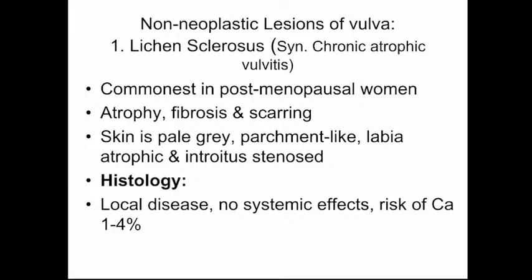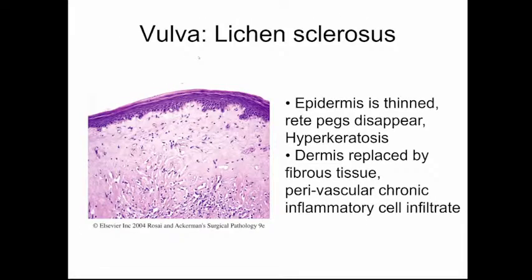Histologically, it's a local disease, so no systemic effects. There is a small risk for carcinoma in this entity. So it's an important clinical lesion because of the small risk, up to 4%, for carcinoma of the vulva. And this is what it looks like on histology. A thin atrophic epidermis.